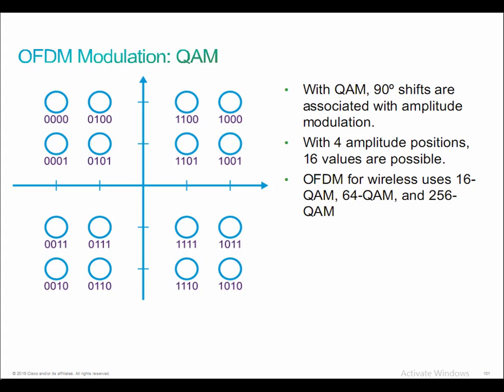So it's a very similar concept, but now we're working with amplitude modulation as well. It's obviously used in 802.11 standards, but it's also used in a lot of other applications. Let me try and describe what you're seeing in this slide.